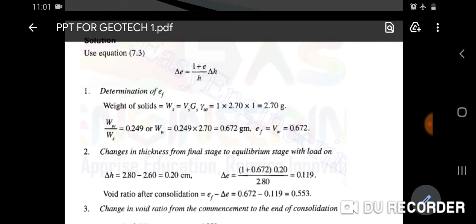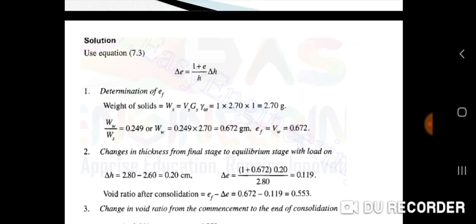If you want to refer to the textbook, you can refer to this. Ws is the weight of solids, Vs is the volume of solid, Gs is the specific gravity of solid, and gamma w is the unit weight of water.